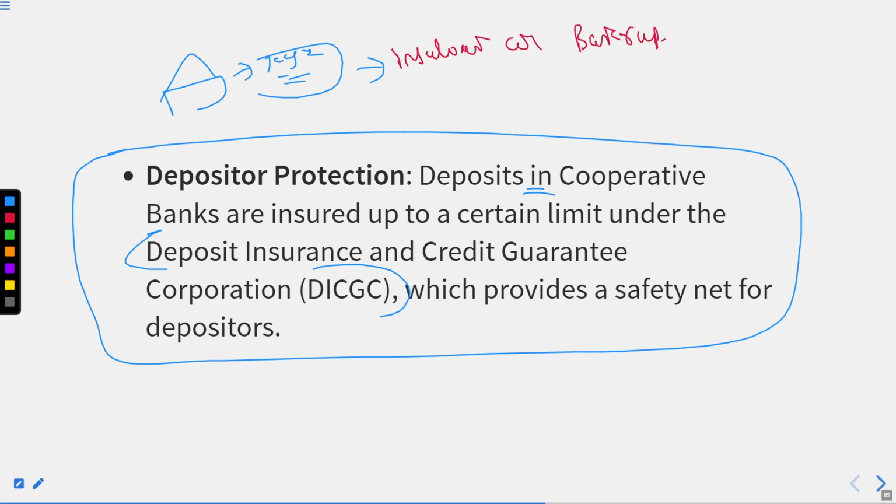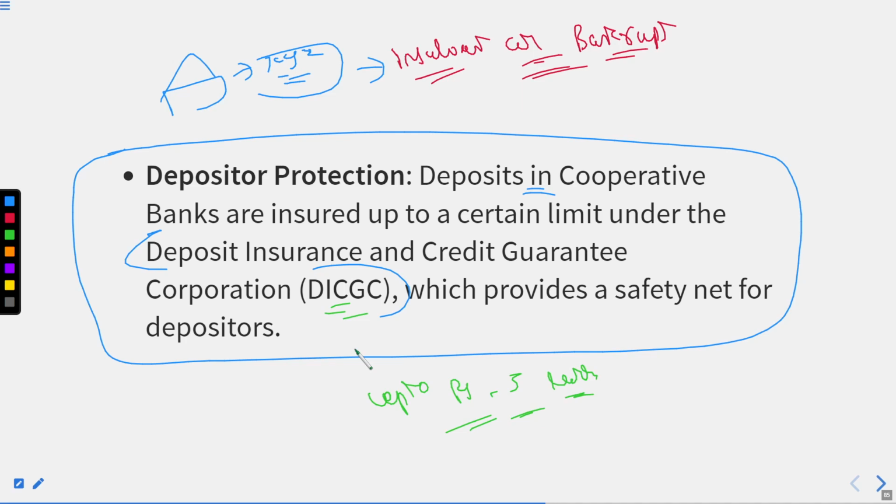It means that the XYZ is not able to repay the deposits to the people who had deposited money with them. In such a case, depositors will get an amount up to rupees 5 lakhs as a protection against the deposits by the DICGC.